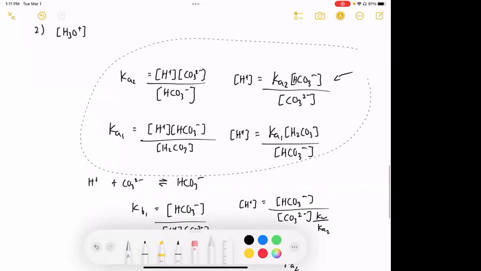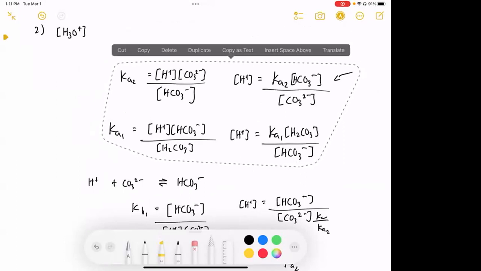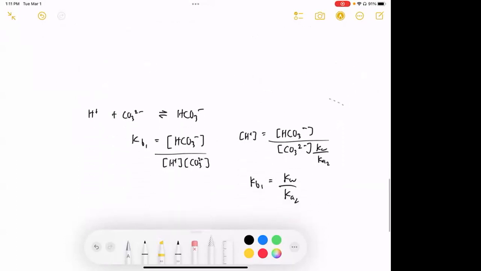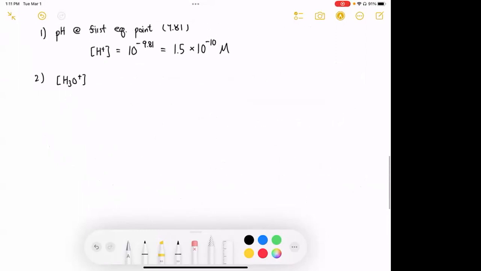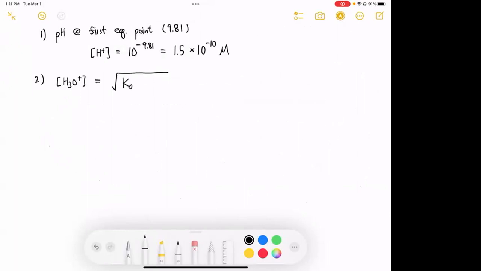Okay, so let's just erase this, and now erase this. So the expression we want to use is H3O plus equals the square root of Ka1 times Ka2.